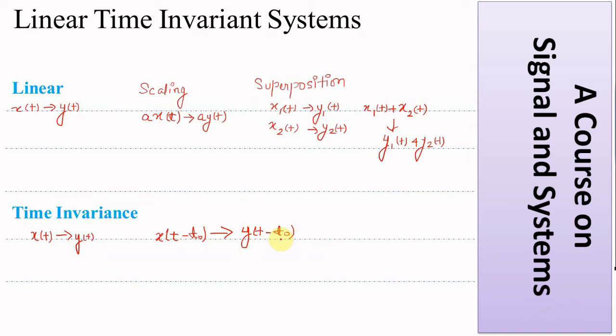And if a system follows both the property of linearity and time invariance, I say that the system is a linear time invariant system. In the coming part of the subject, it will become even more clear why such systems are important.